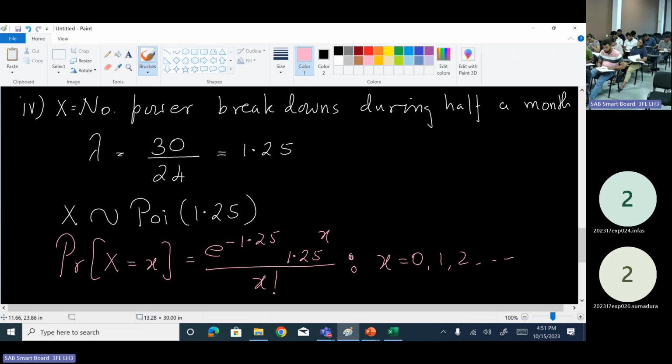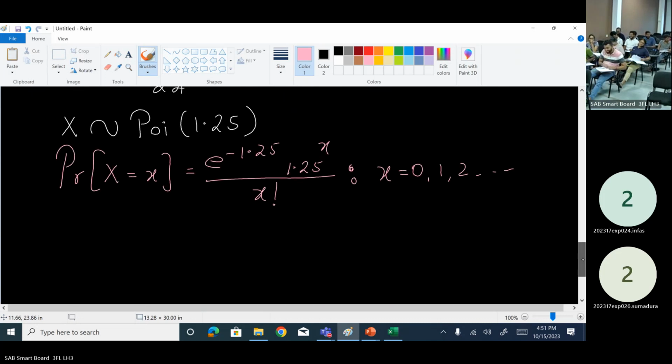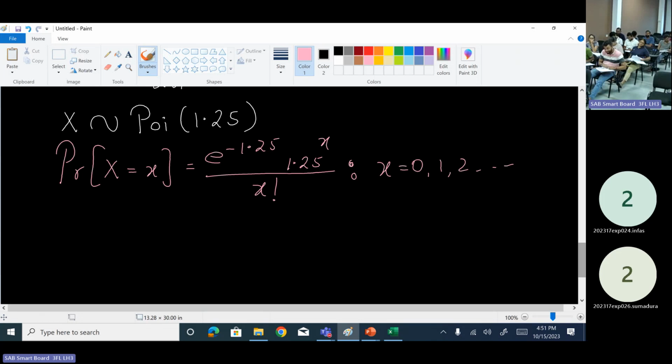They are asking for at least 3. At least 4. Oh, at most 3. So we want the probability of x less than or equal to 3, at most 3.